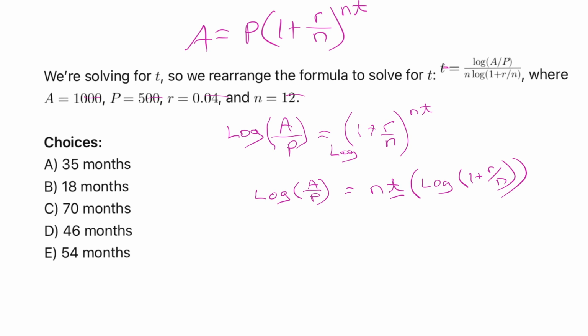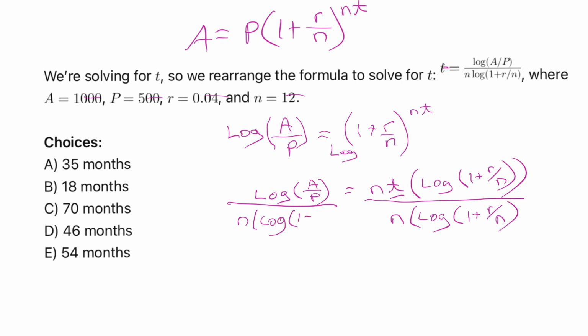And so I'm going to divide everything else over. I'm going to divide this side by N and log of 1 plus R over N, and I divide the other side by it, and I'm going to get T. And all we have to do is solve this out after we get the equation right.